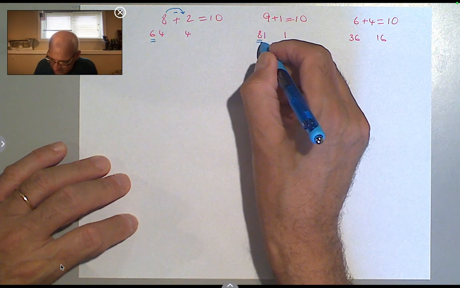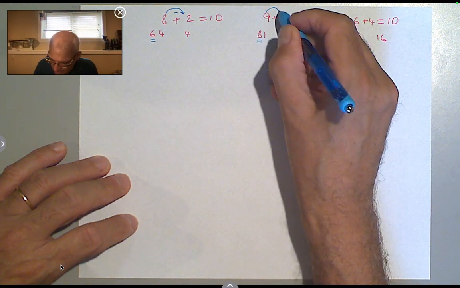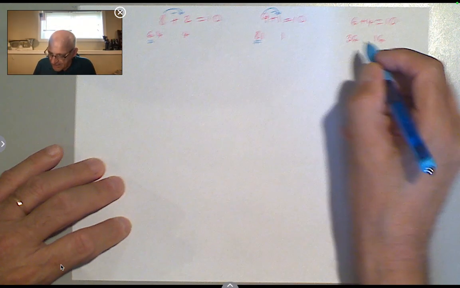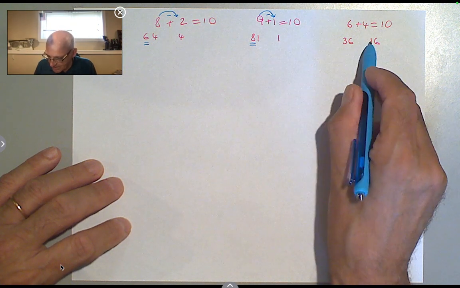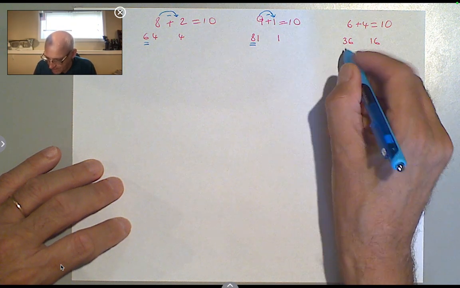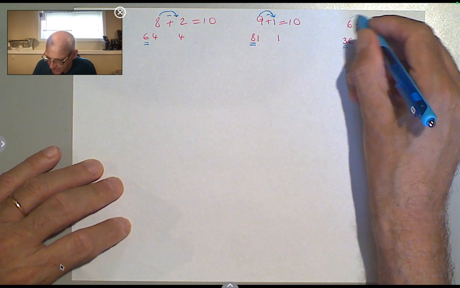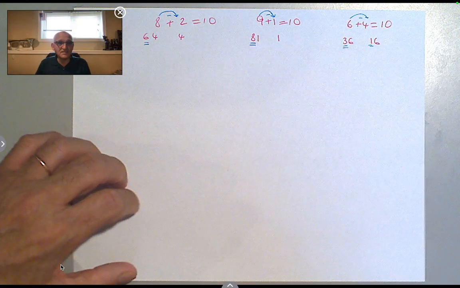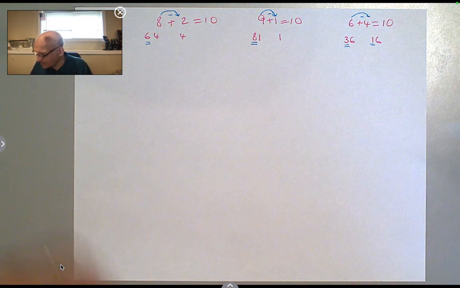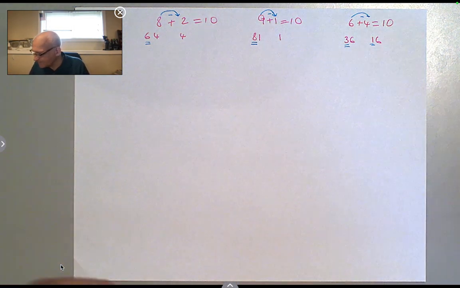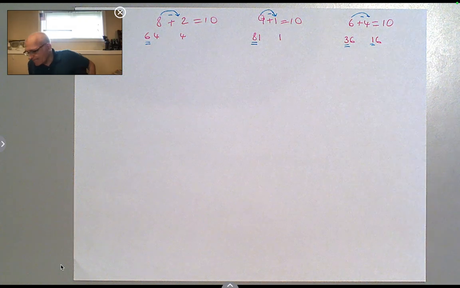This 8 is 9 minus 1. Here I have a 3 and a 1, so the difference between these two is 6 minus 4. Nice? Okay, good, but still I don't see where you are going with that. So bear with me for a second.